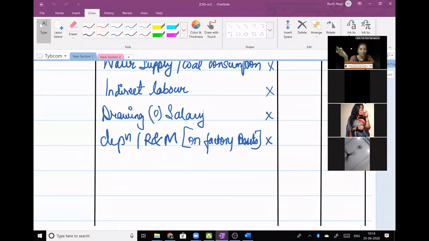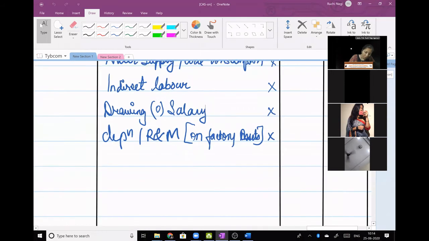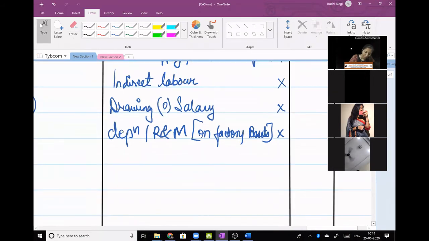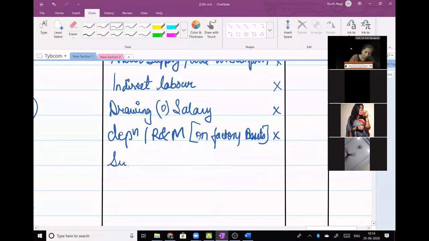Okay, so right here, next. Supervision charges. Supervision expenses or supervisor's salary or supervision charges. Okay, fine. Factory electricity, don't forget that.